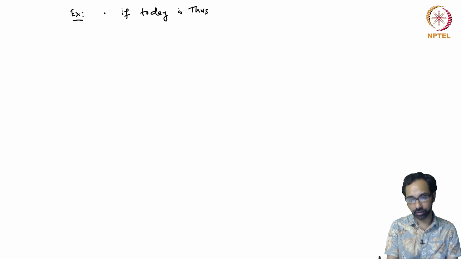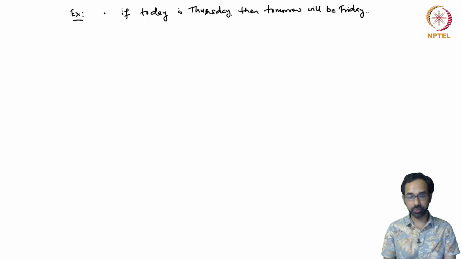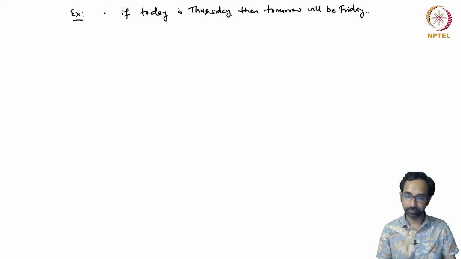So an example of such an if-then statement is as follows. In day-to-day life, we can say that if today is Thursday, then tomorrow will be Friday. This happens to be a true statement, because Friday comes after Thursday.